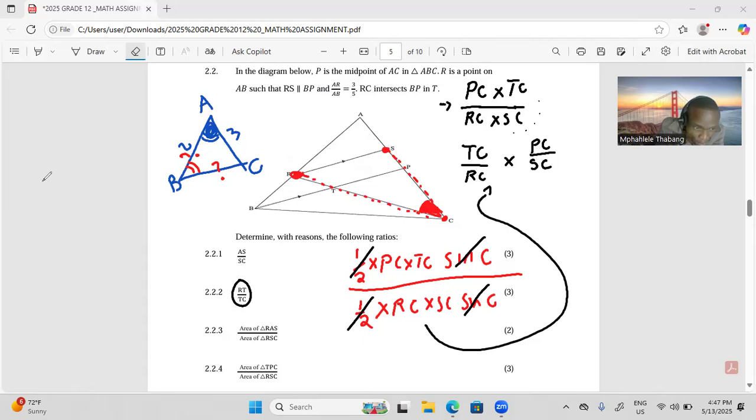So I just focused on these two and also observed these two.